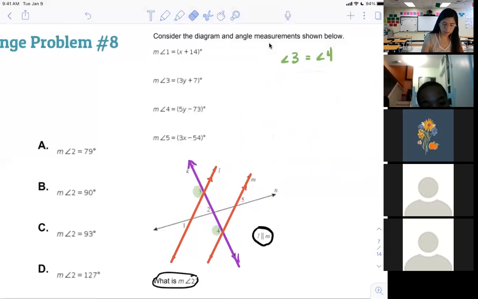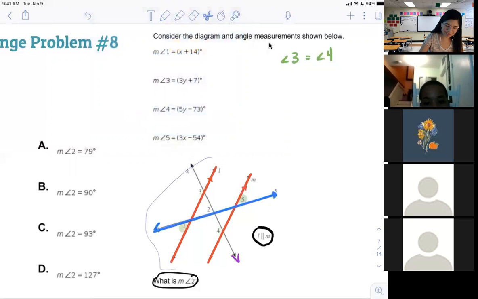Now instead of looking at K, let's look at N. I think I already know one. Are 1 and 5 alternate exterior? Good. 1 and 5 are alternate exterior angles. Very nice. And so are they the same, or are they going to add up to 180? Never mind, they're the same.